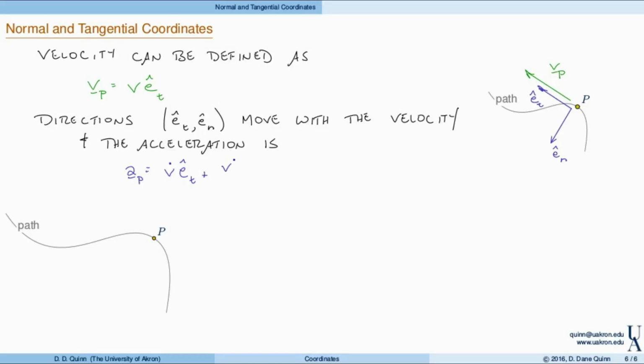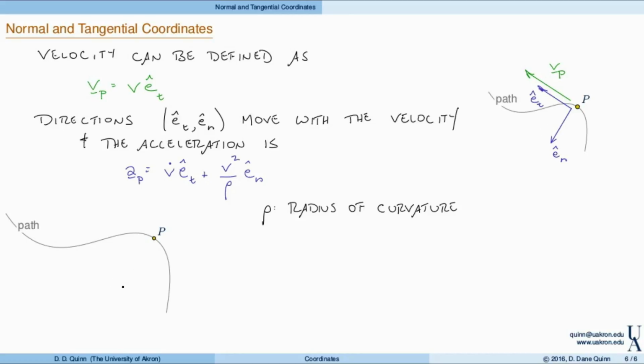And it turns out that that becomes V squared over rho in the normal direction, where rho is defined as the radius of curvature. And this is something that must be calculated depending on the path. So if you know the path that the point follows, you can find the radius of curvature. And then en, again, is directed inward toward the center of curvature.